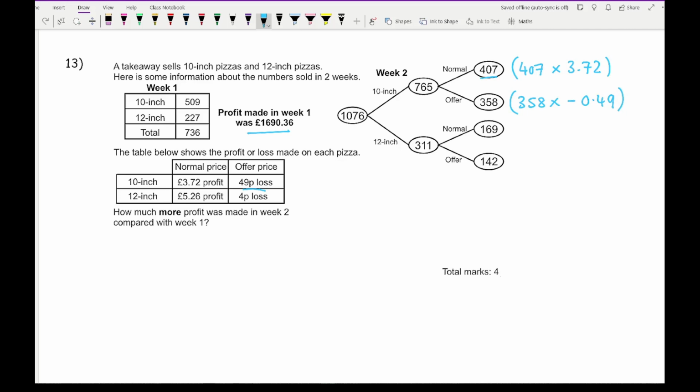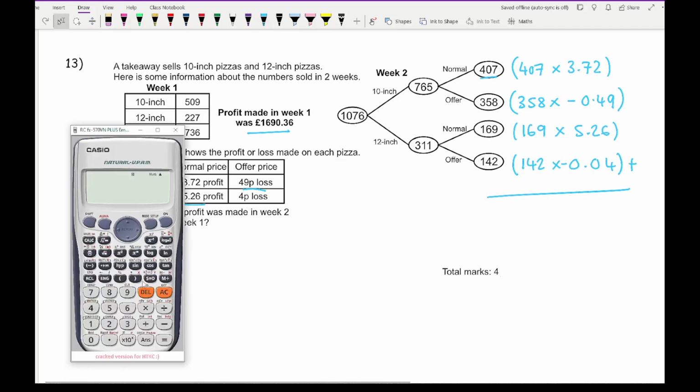Then for the normal 12-inch pizzas, it's going to be 169 multiplied by £5.26. And then for the offer, it's a 4p loss, so it's 142 times minus 0.04. Now if I add those 4 brackets up, let's do that on the calculator.